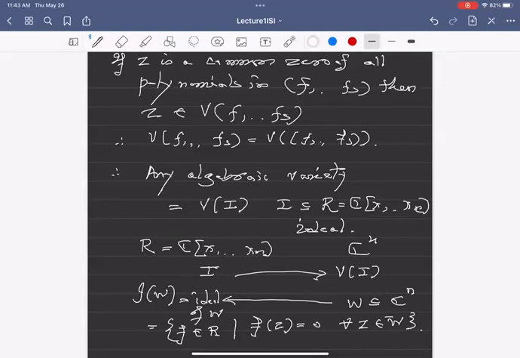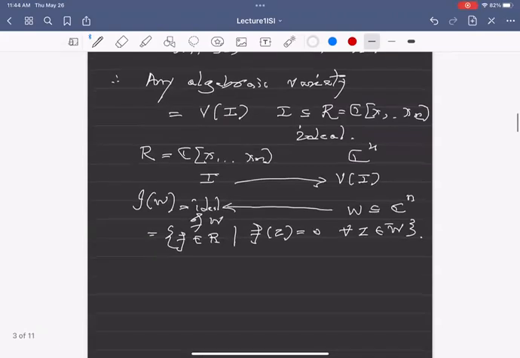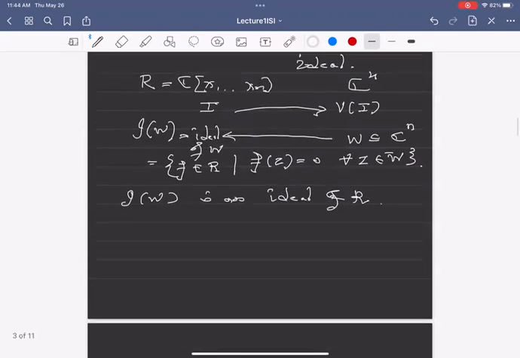You can check that if two functions vanish at z, their sum also vanishes, and if I take such a function and multiply with any other polynomial in R, that will also vanish. So I(W) is an ideal of R. But it has one more property.